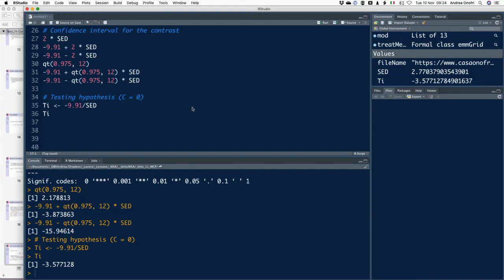So we know that if the null is true, the difference should be 0 and T should be 0. But we did not observe 0. We observed minus 3.58. And we know that we observed the minus sign just because of the ordering of means, but we could have observed the 3.58 if we had reversed the direction of the difference.